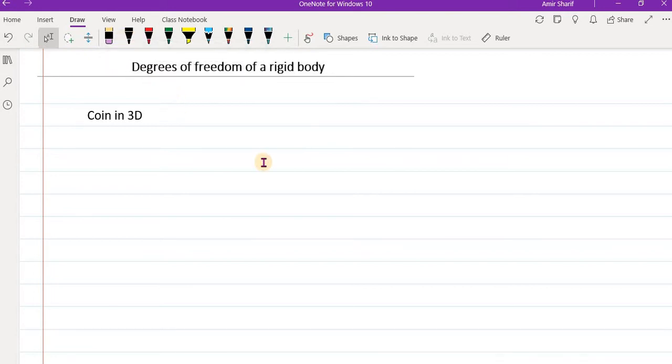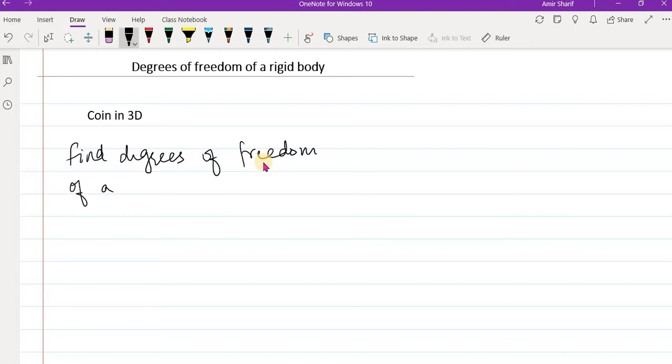So here what we want to do is find the degrees of freedom of a coin in 3D. So this is the problem.